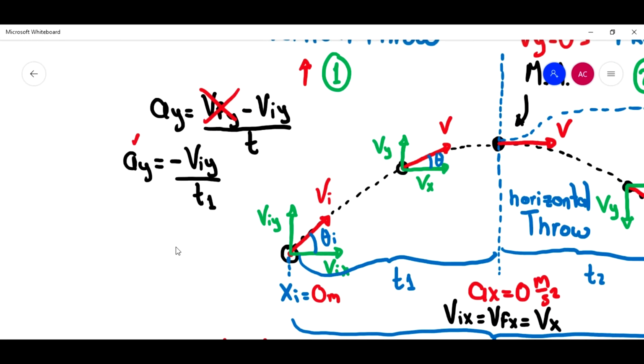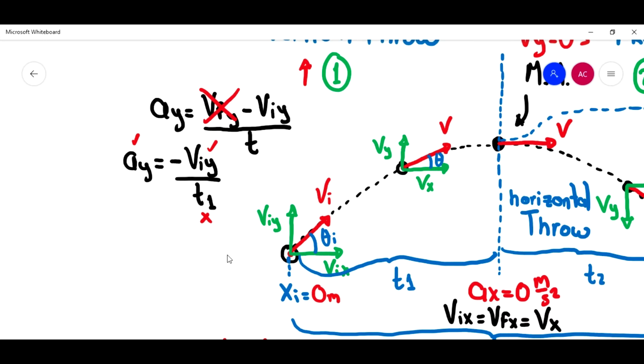Yes, it's minus 9.8 meters per second squared. Do I have initial velocity in y? Yes, I just found it. Do I have time 1? No, I don't. So from this equation I'm going to find time 1, the time it takes the object to reach the maximum height.